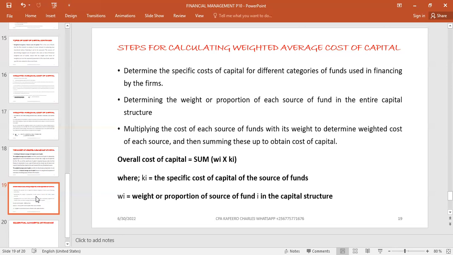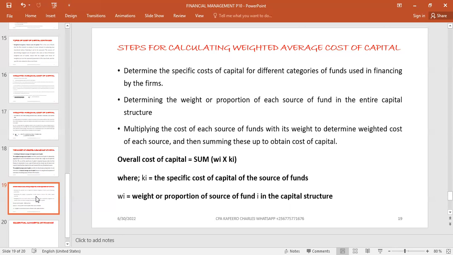When we've got that, we multiply the specific cost of capital by the weights. Then we add the results of all the components: the one from equity, the one from retained earnings, and the one from debt.